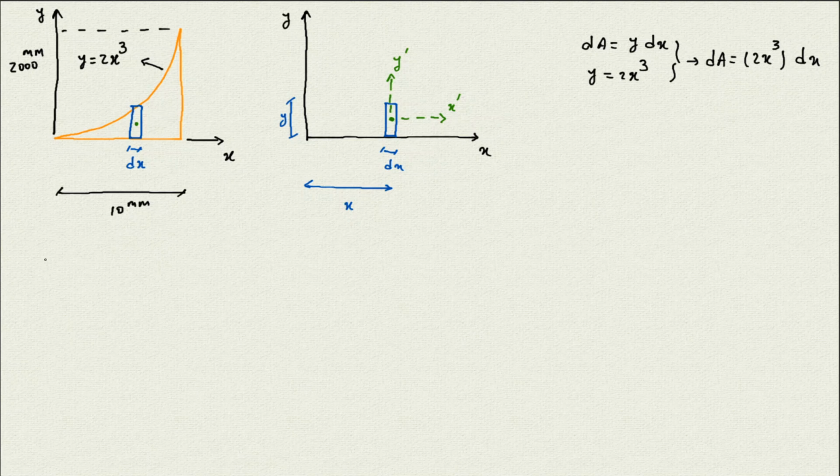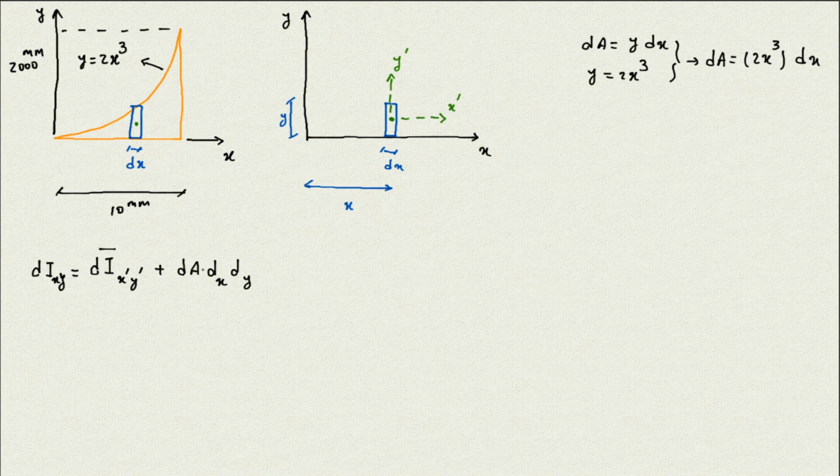If I call it dIxy, based on the parallel axis method it is equal to the product of inertia going through its centroid, plus its area, which I call dA, times the distances between the axes, d sub x and d sub y.